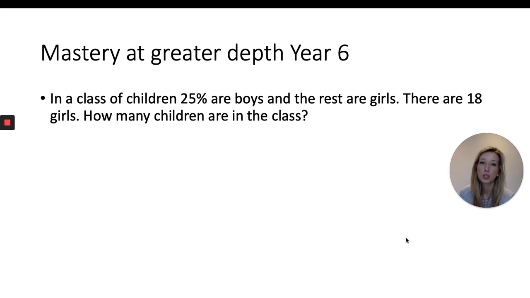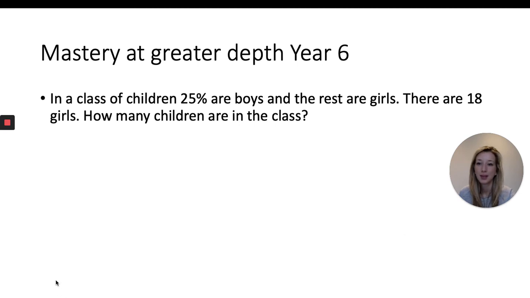Therefore, a quarter, or 25%, is 6. So if we want 4/4 or 100%, we're going to have to do 4 times 6 children, which gives us a total of 24 children in the class.